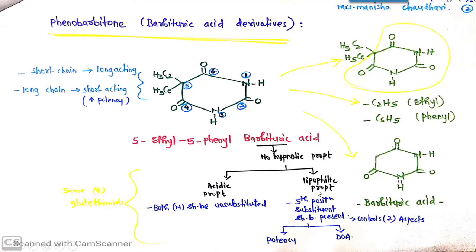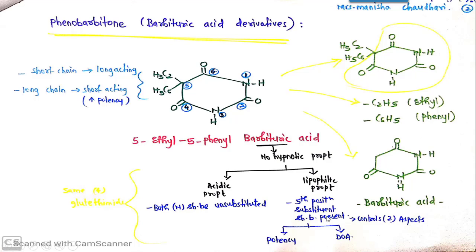And for lipophilic properties, at the fifth position, the substituent should be present. These substituents will control two aspects. As we discussed here, if the chain is shorter, then it is longer acting. That means it is concerned with the duration of action. The duration of action increases if the chain is shorter, and as the chain length increases, the duration of action becomes short.